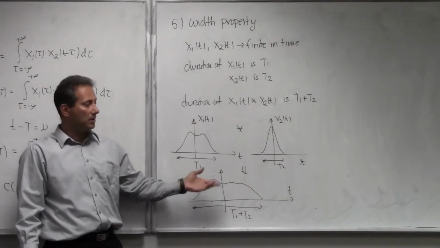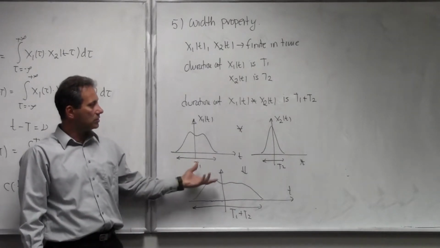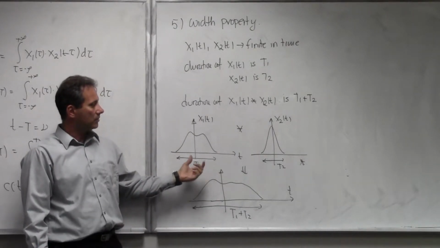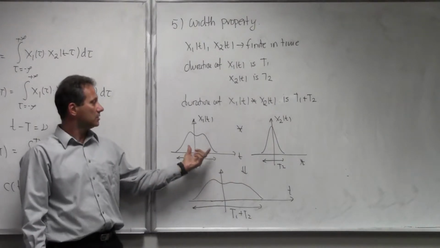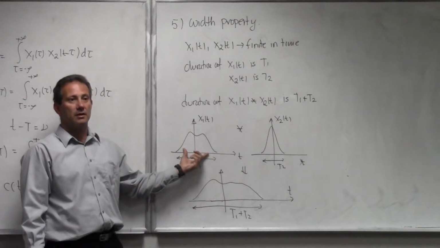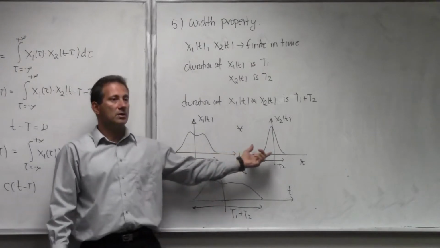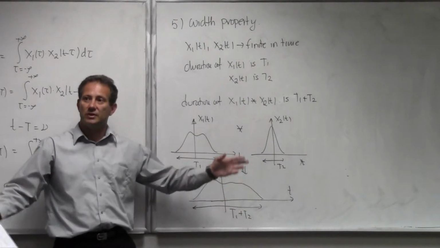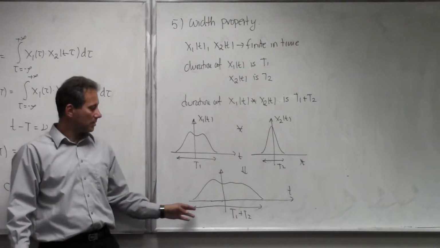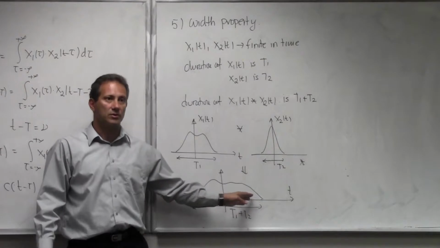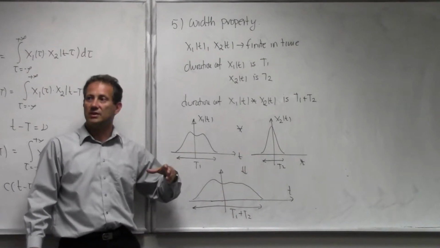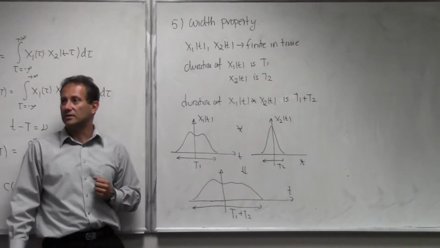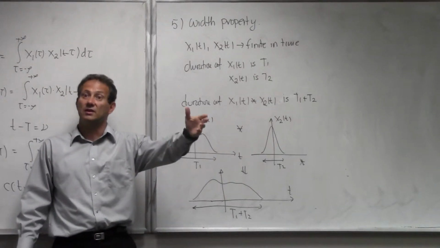We run into this all the time. For example, we think about this all the time in digital communication. Let's say this is your bit or symbol, and let's say this is the impulse response of the channel. The duration of this, T1 plus T2, tells you the dispersion in the output. It tells you, for example, how many bits or symbols after the one that you're receiving are going to be corrupted with the one that you're currently receiving. Let's say the channel has an excessive delay.